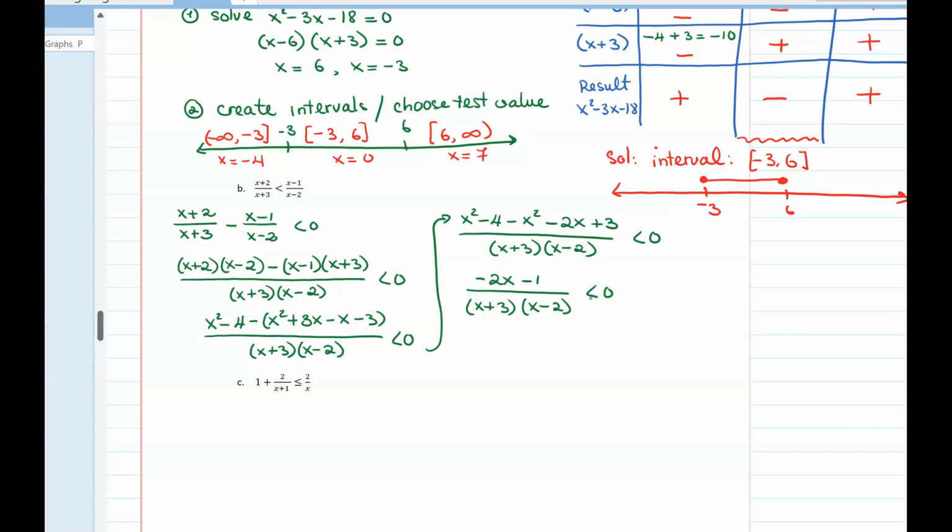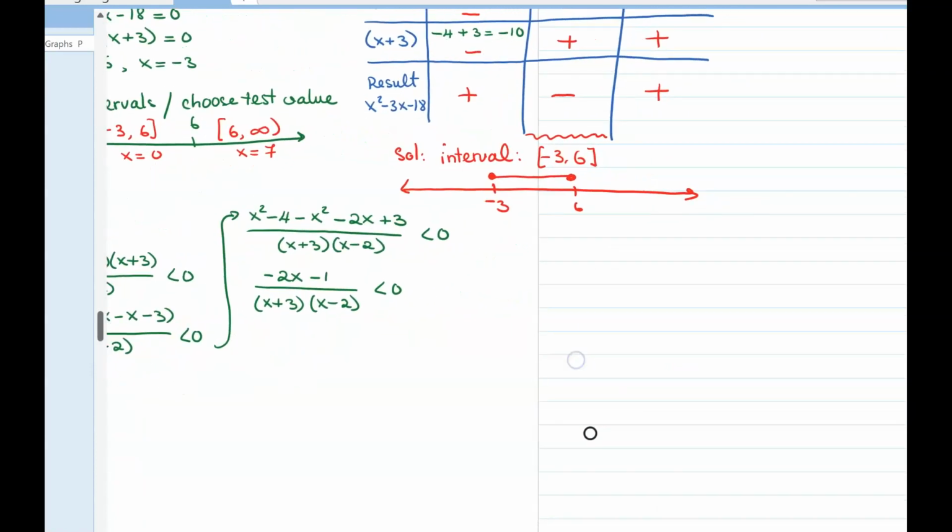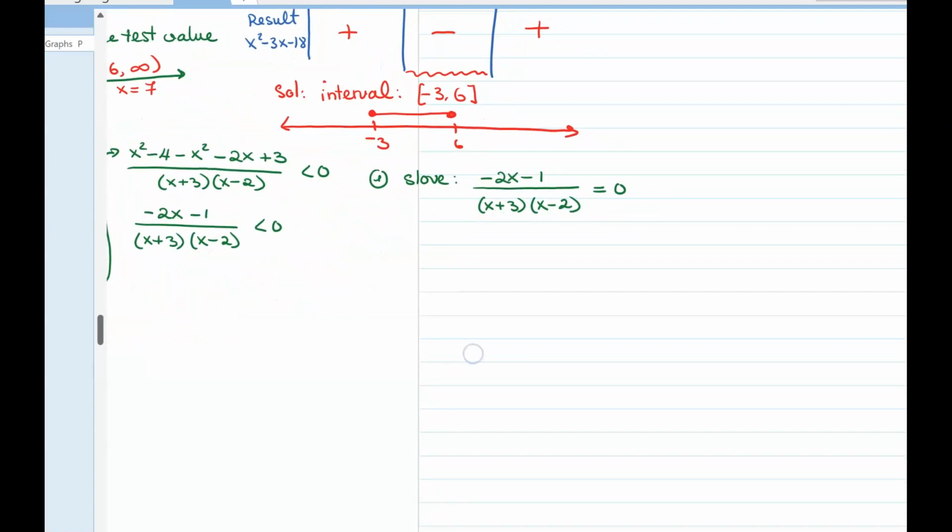Okay, so now that we have simplified the left-hand side, we go ahead and solve this equation. So note that here, this equation only defines when x is not negative 3 and when x is not 2.